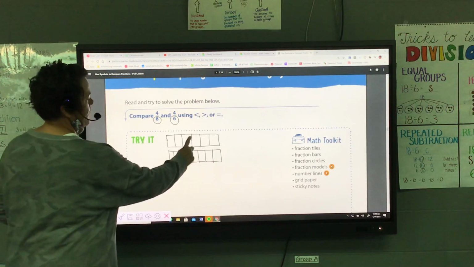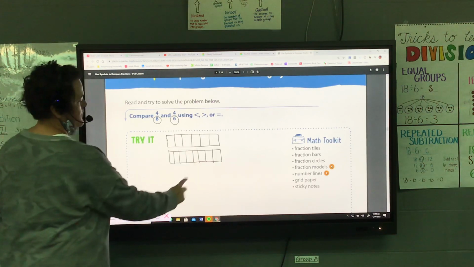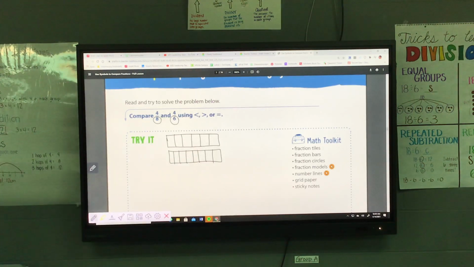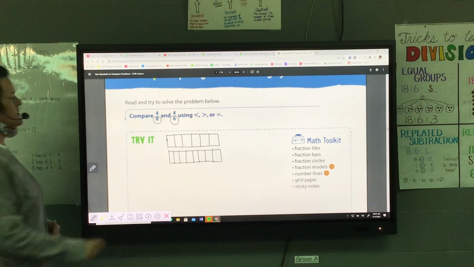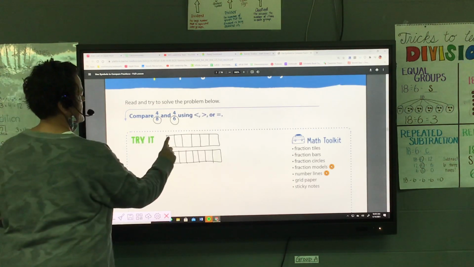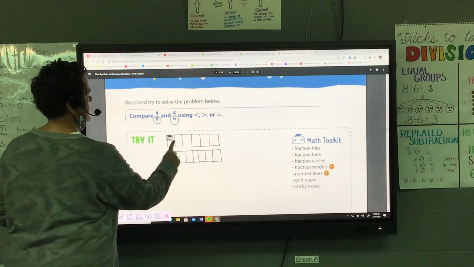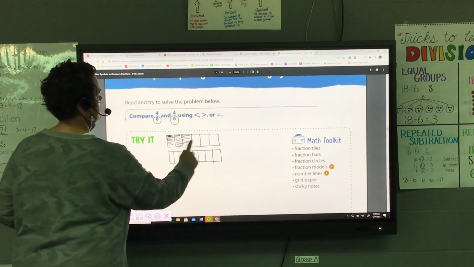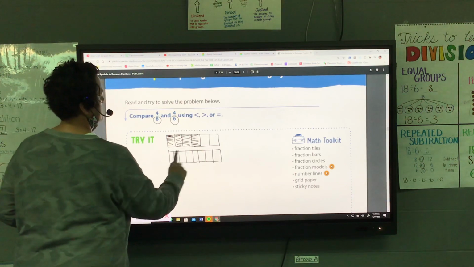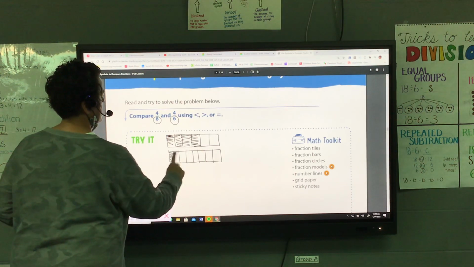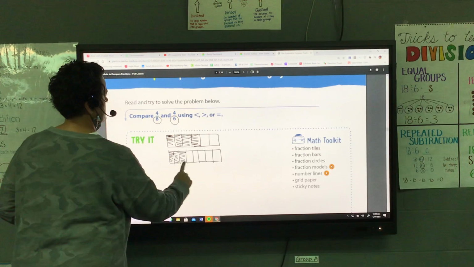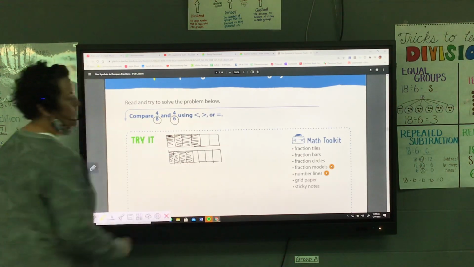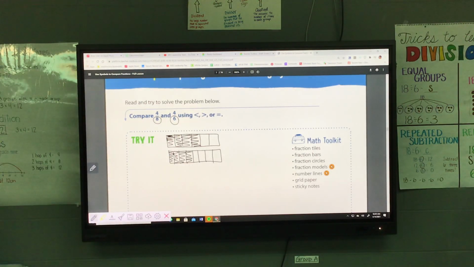So I have my halfway points lined up with each other. So this one is 4/6 and the other one is 4/8. They both have the same numerator, right?